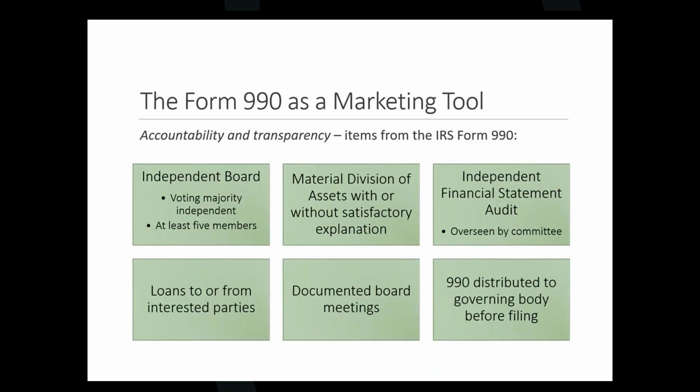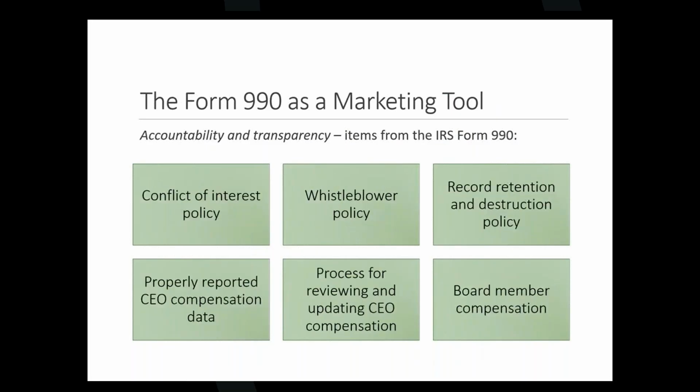Is the organization documenting the board minutes? Is the Form 990 distributed to the governing body before it's filed? Is there a conflict of interest policy, a whistleblower policy, a record retention and destruction policy, a policy for determining and reporting CEO compensation, and then board member compensation?